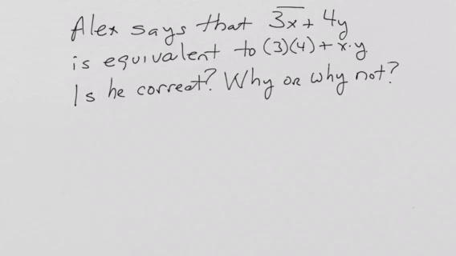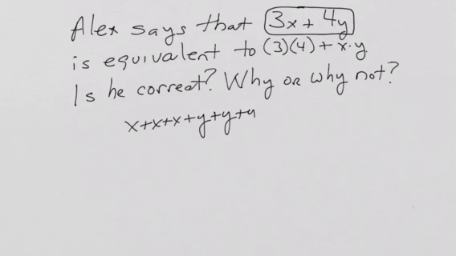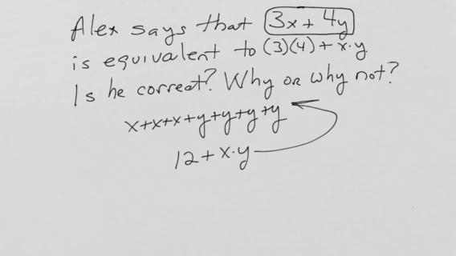But in this case, we have a mixture of both. And if we actually wrote it out, 3x's plus 4y's, well, what can combine there? Nothing can combine there. Alex's answer would be 12 plus x times y. That looks nothing like that. So, Alex, hate to say it, but you're wrong.